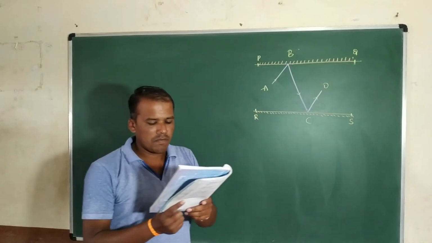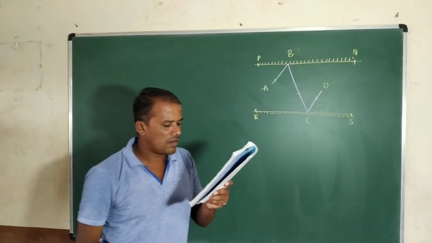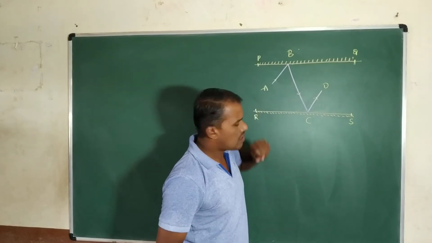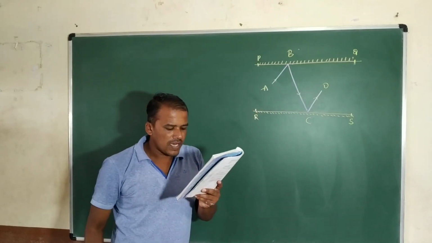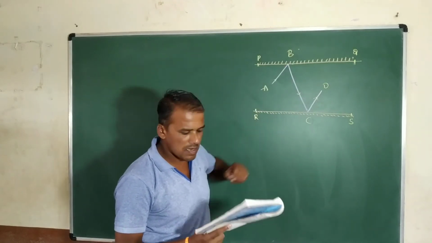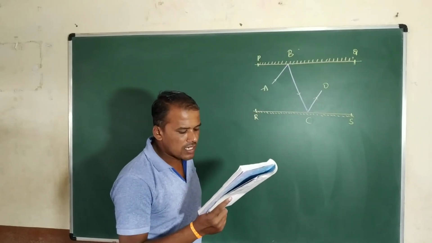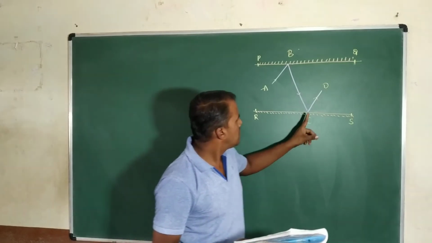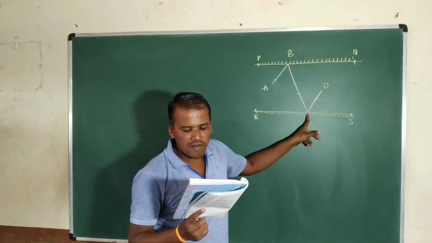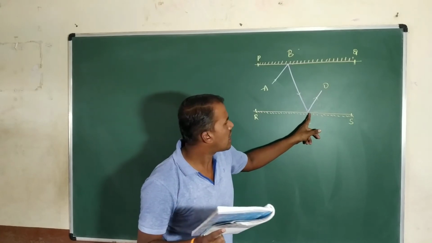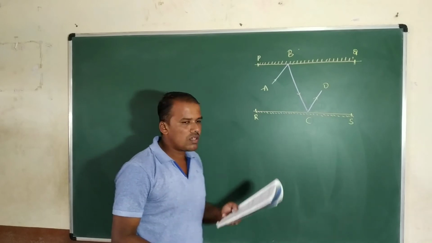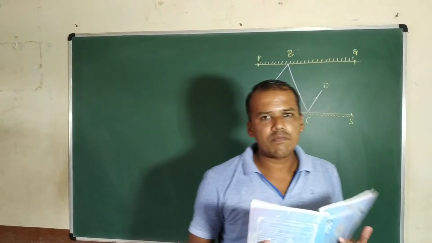An incident ray AB strikes the mirror PQ at B. Then the reflected ray moves along the path BC and strikes the mirror RS at C. Then it again reflects back along CD. Prove that AB is parallel to CD.